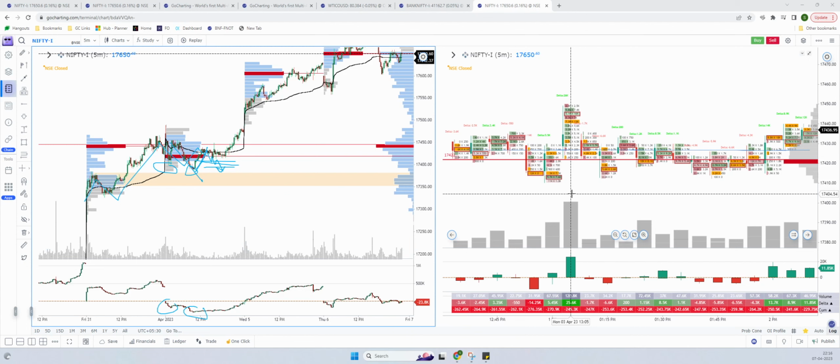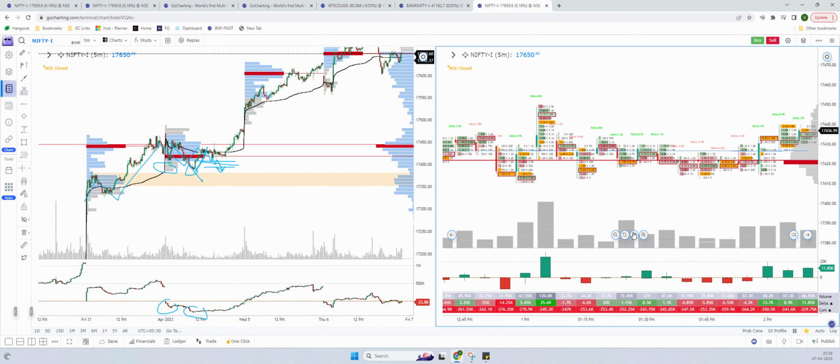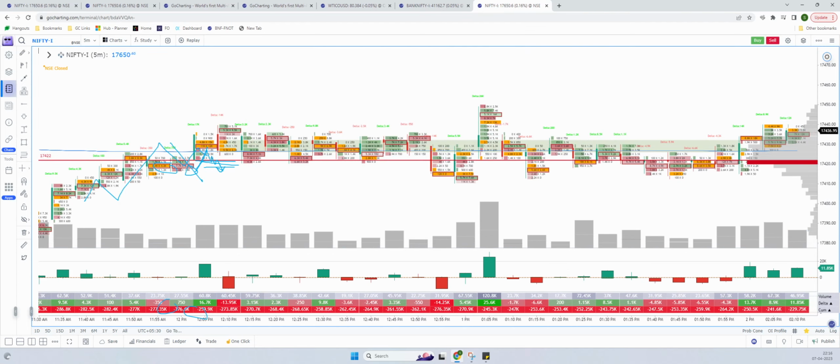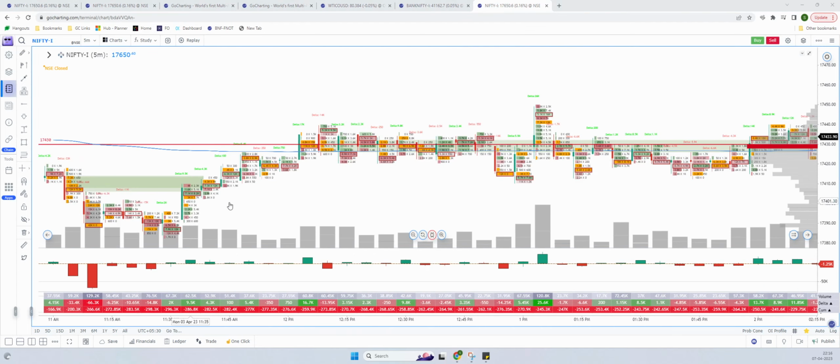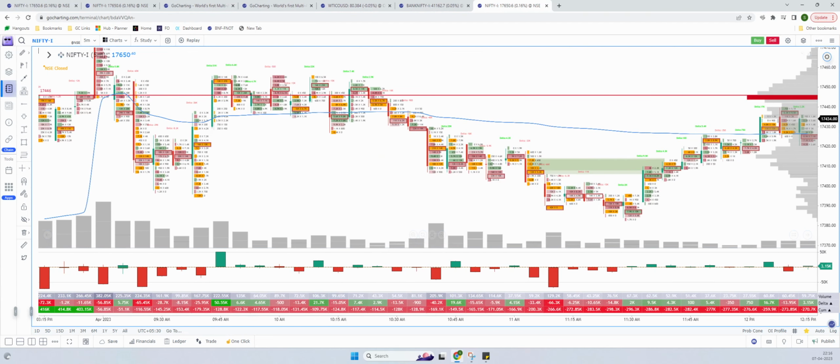Now if I just show you the order flow chart from that day, what has happened is in the morning there were a lot of shorts that were traded, but all these shorts were absorbed, and despite minus 180k delta, markets held on the 400 level. So that means again there is buying support and buying initiative.